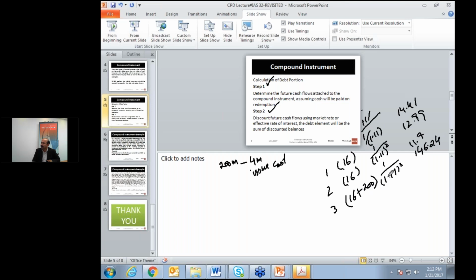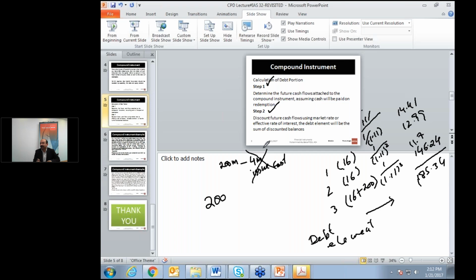You can add these two figures, no problem. You can apply this factor to the addition of this, then automatically when I total, this will give me 185.34. So this is the debt element out of 200. For step number 1 and step number 2, please ignore issue cost.